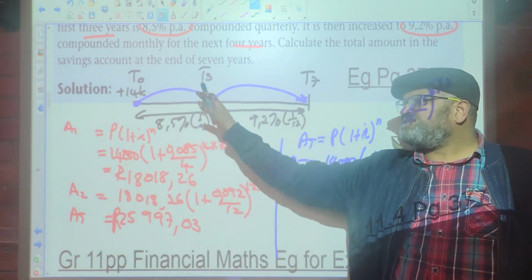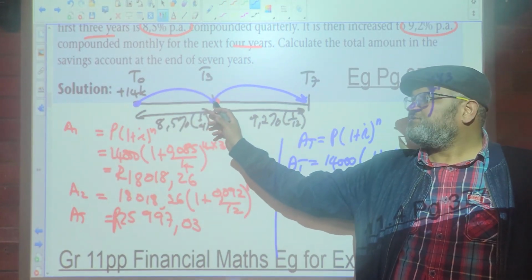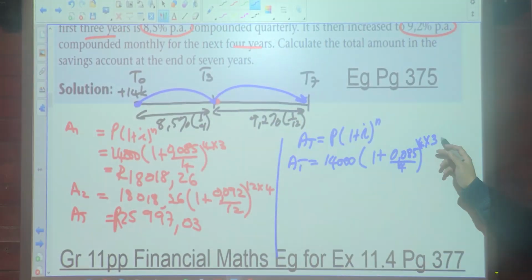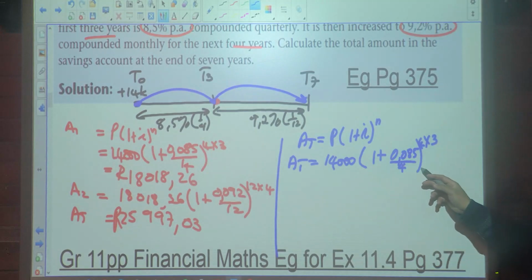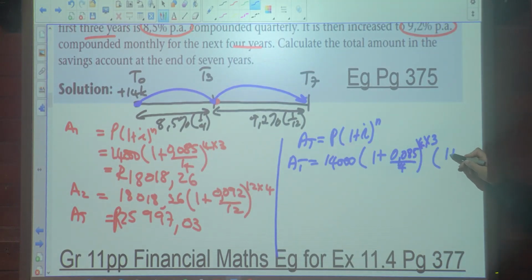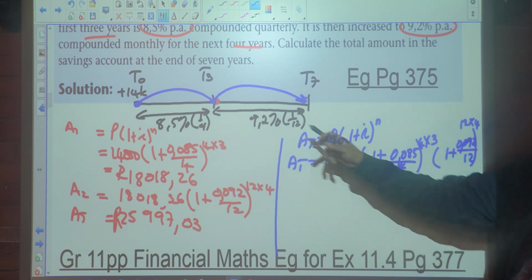Whatever this answer is here must be multiplied by this interest factor. Can you see that? So this is what is your P value now. This now must be multiplied by 1 plus 0,092 over 12 to the exponent 12 times 4. As you can see, that is for 4 years.